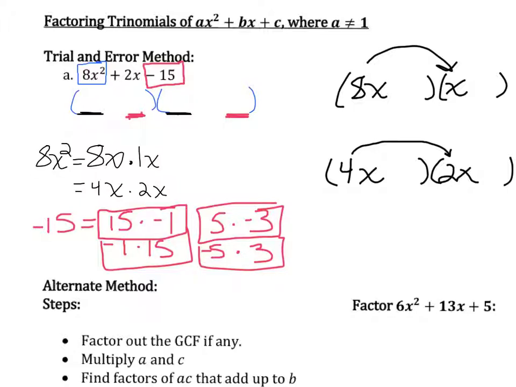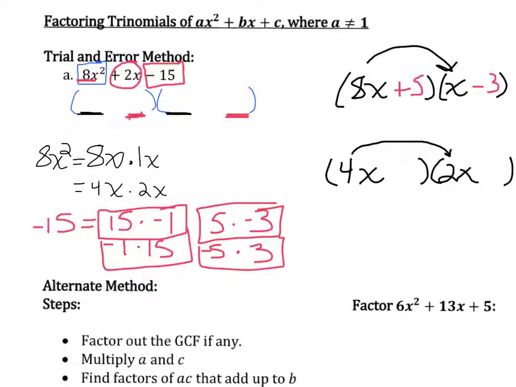The thing that makes this hard is that we're just doing this by trial and error. We can no longer rely on these things totaling up to 2, like we did when there was a 1 in front of our x squared. Let's say we used 5 and negative 3. They do add up to a 2, but where am I going to put them? Am I going to put the plus 5 here and the minus 3 here?